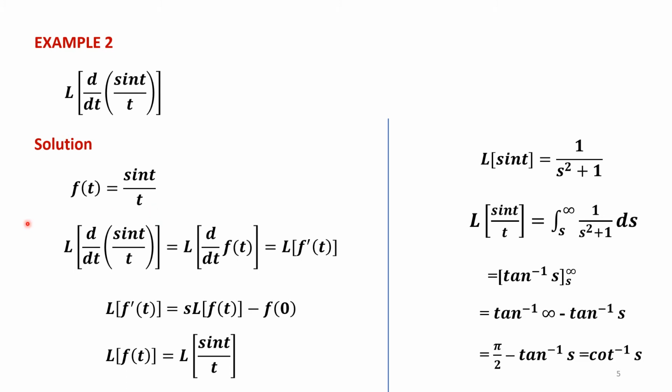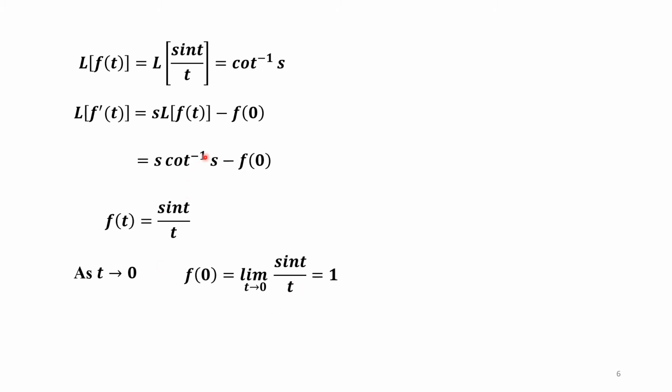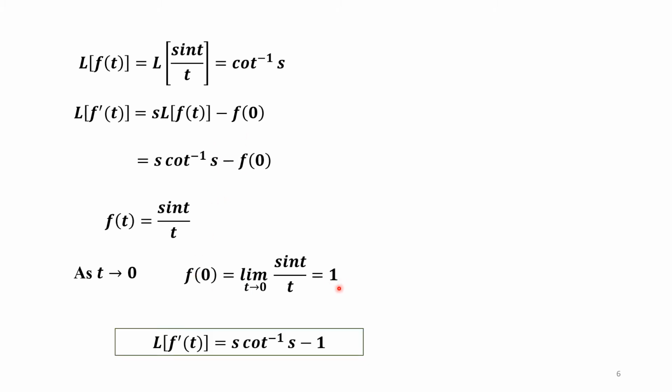So L of f of t is cot inverse of s, and f of 0 is 1. Substituting everything, L of f dash of t is equal to s into cot inverse of s minus 1.